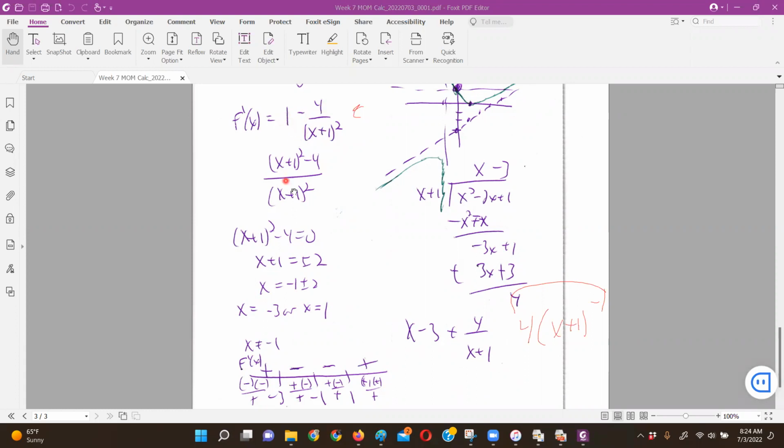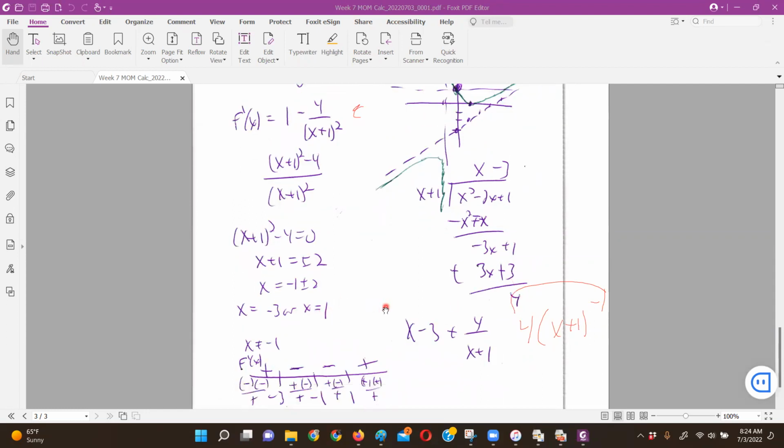That way I can combine this all over x plus 1 squared. And then I needed to find out when is the numerator equal to 0. Now I could FOIL it all out and do it, but I could just extract the square roots, right? I could add 4 to both sides, take the square root, and remember plus or minus 2. Then I subtract 1. So the zeros are happening at x equals -3 and x equals 1.